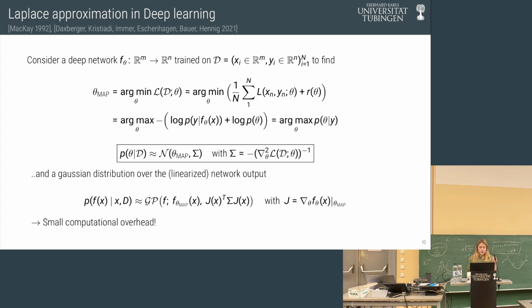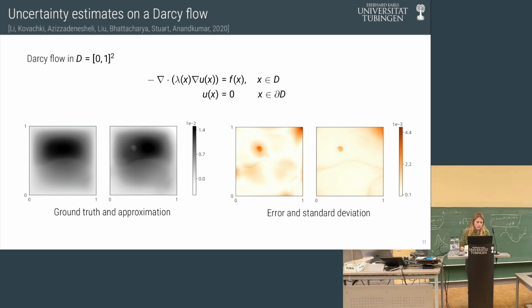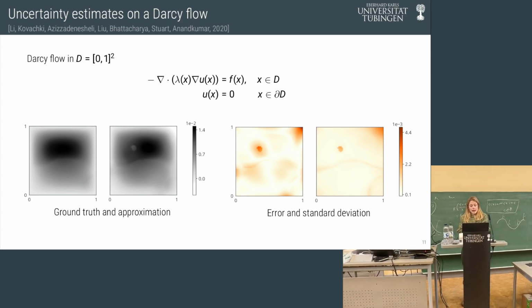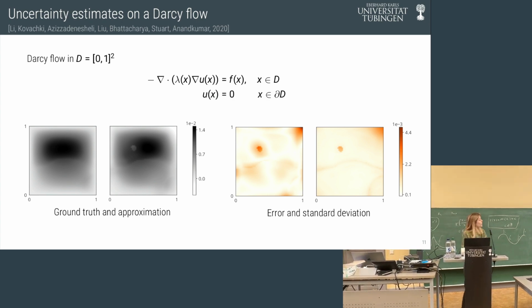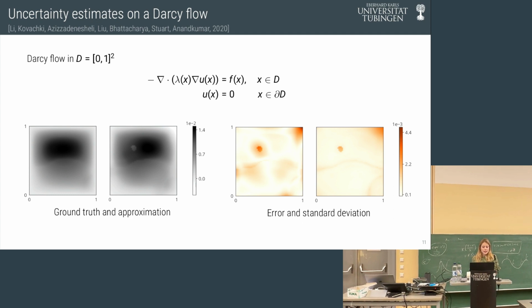We tried to use these tools of recent Bayesian deep learning also for the case of neural operators. Here I have an example taken exactly from the paper where the neural operators come out, and we try to quantify the uncertainty there. On the left, you can see a PDE known as Darcy flow, where the input was the parameter lambda and the output was the function u.